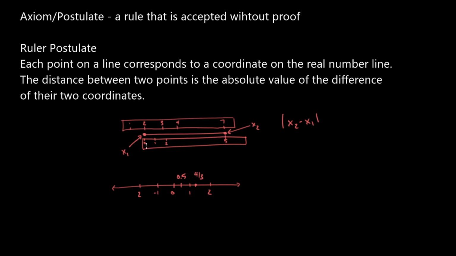In this case, I could either have done it this way, where I take 5 minus 0, and that gives us 5, or when I lined it up on this number line, I got 7 minus 2. Either way, the distance between these 2 points is 5. And no matter how we number them, they'll always end up that way. Even though there are infinitely many points in between these 2 points, we can say that the distance is 5 units or 5 centimeters or 5 inches, whatever we're measuring in.